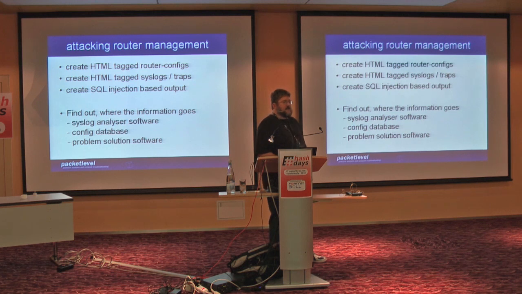There are other ways to hide HTML text or SQL injection code in the configuration. Because some companies have scripts that collect all this router configuration and store it in a database. Depends on what they are doing. Maybe they have configuration change management and verifying. Then you can attack the database over these commands.